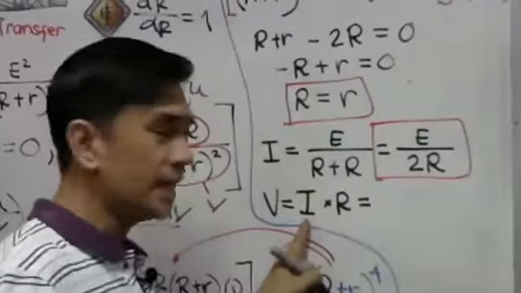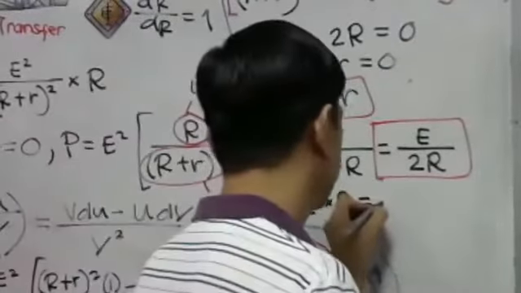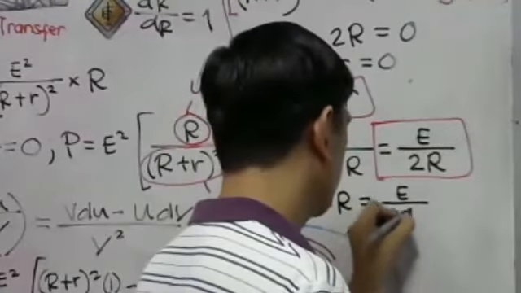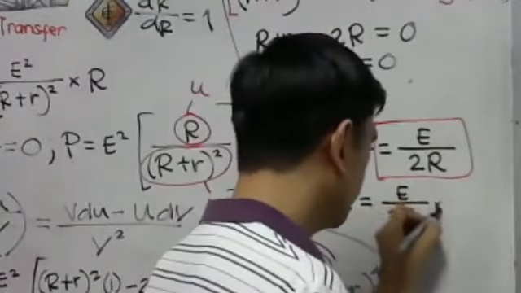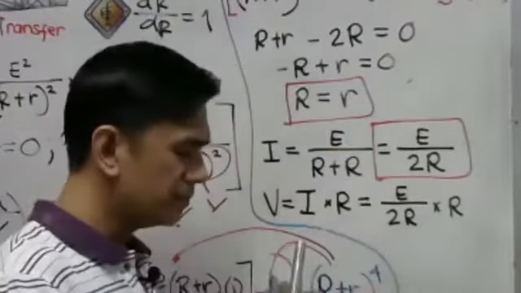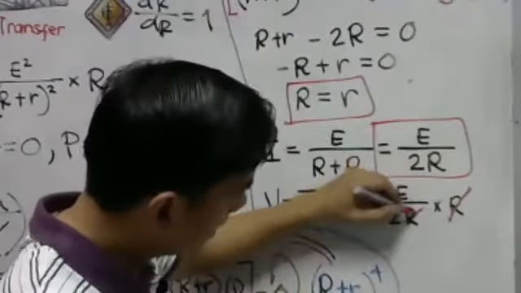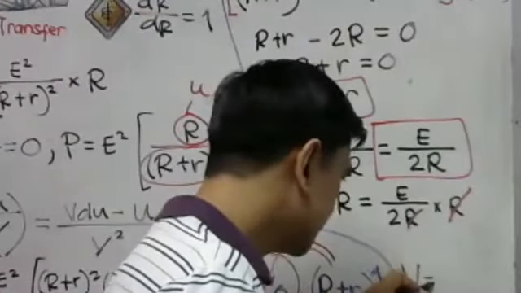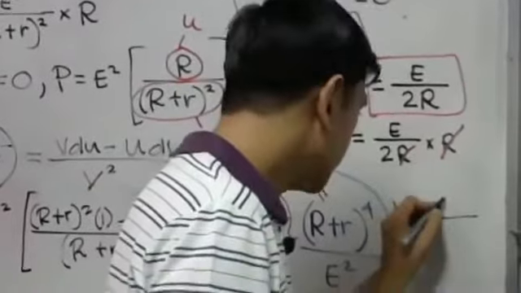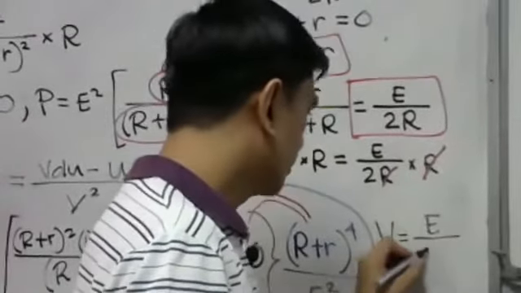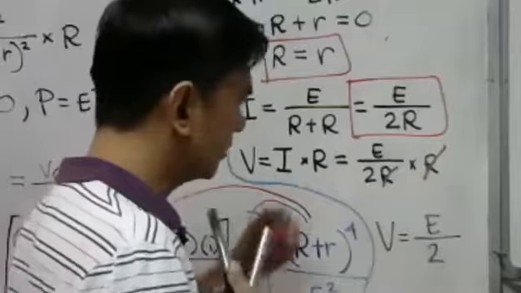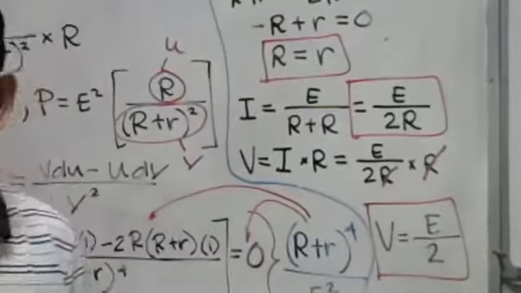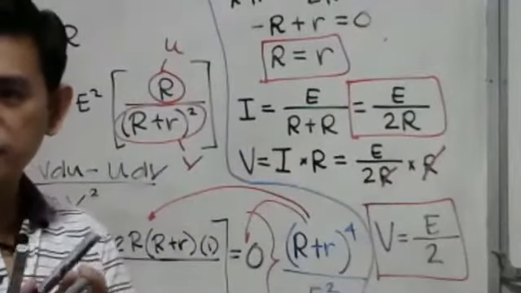What is our current I? Of course, that is the formula we have, E over 2R, and then that is multiplied by the big R. What will happen here? This will cancel out. So therefore, our load voltage is simply equal to big E over 2. That is another condition for maximum power transfer.